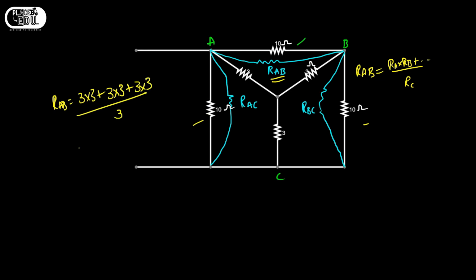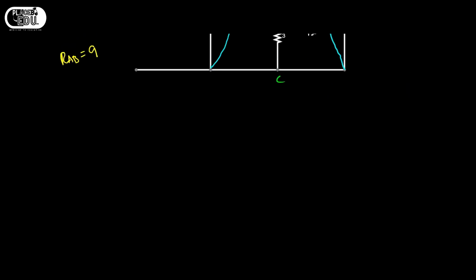So RAB is equal to 9. Understood? You can solve it. So we have RAB is equal to 9, and this will also be 9, and this will also be 9.